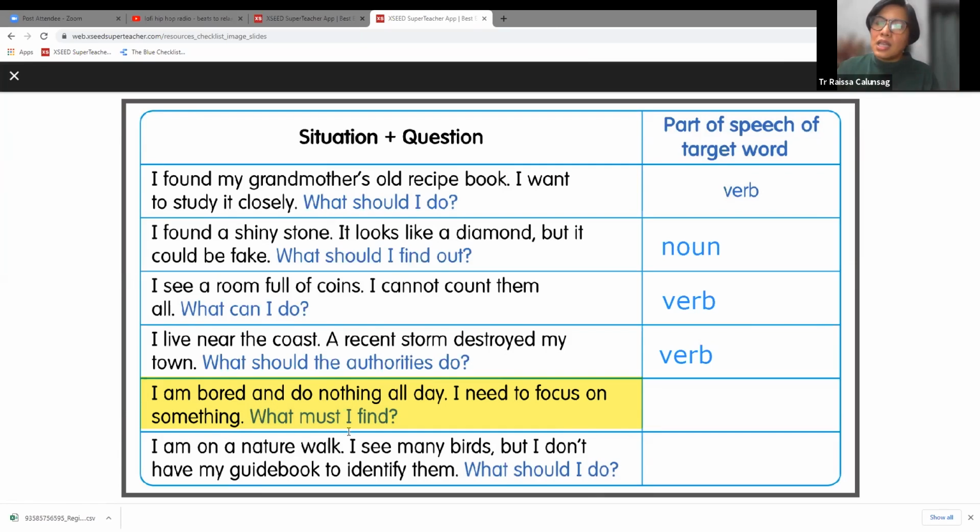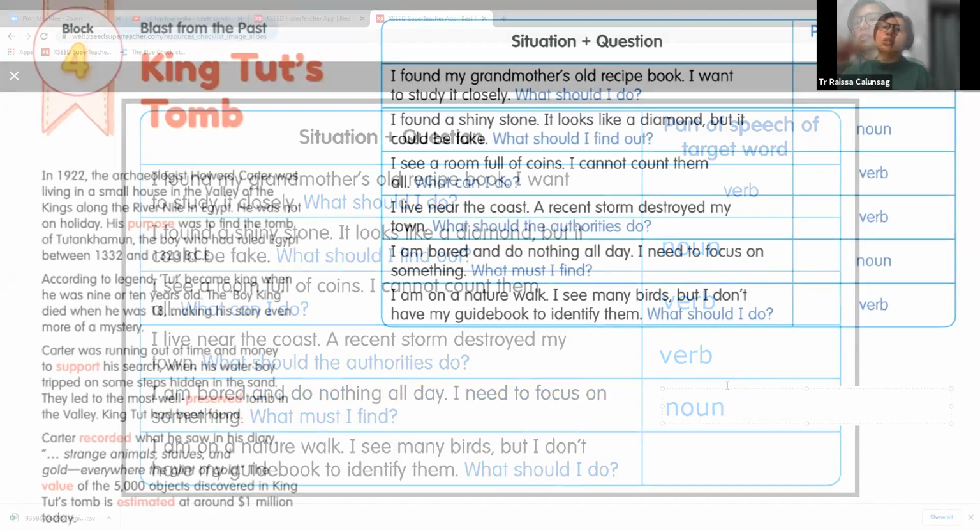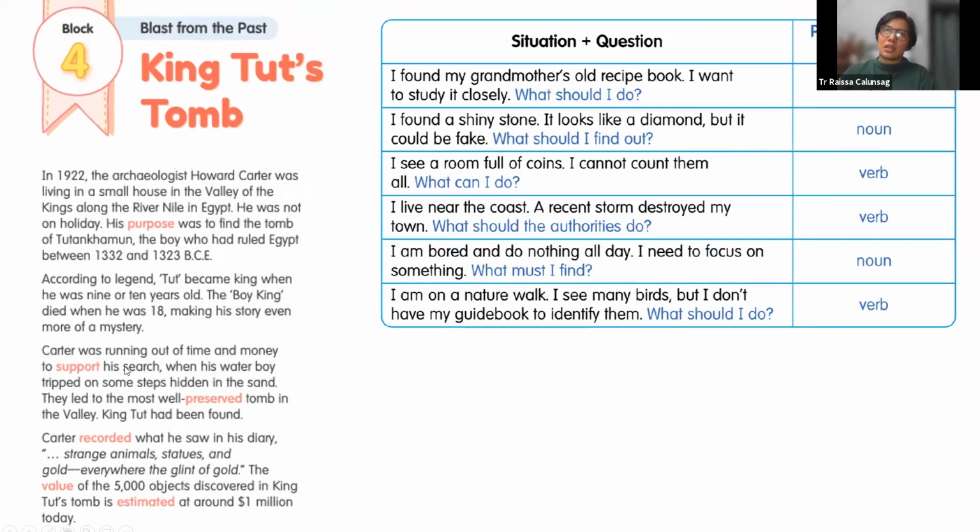But this one says, what must I find? It means I am looking for something, right? So if we're looking for something, that means we are looking for a word that works as a noun.